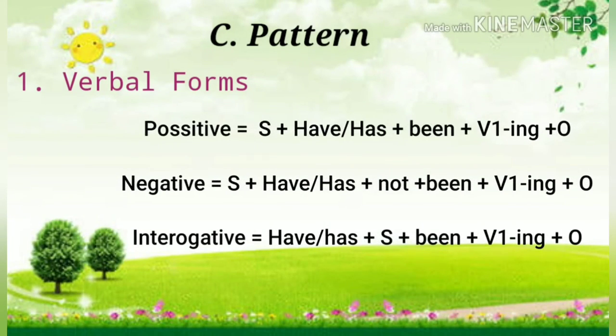Positive: subject plus have or has plus been plus verb 1 plus -ing plus object. Negative: subject plus have or has plus not plus been plus verb 1 plus -ing plus object. Interrogative: have or has plus subject plus been plus verb 1 plus -ing plus object.